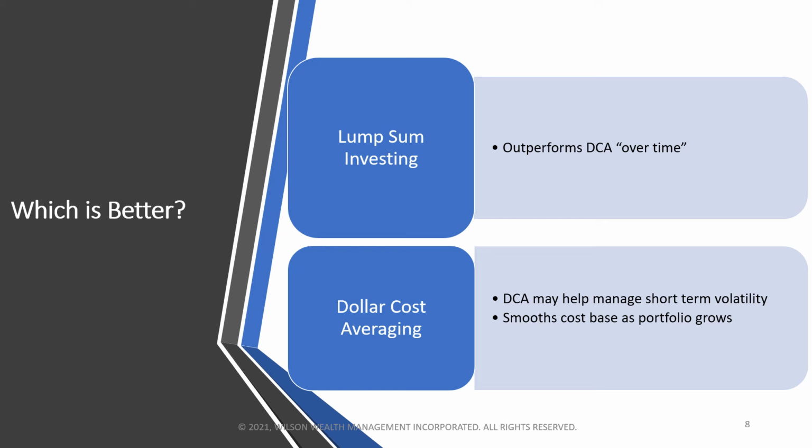But where dollar cost averaging can help is managing some short-term volatility when you're buying. So if we look and we buy on day one a lump sum $12,000 investment, and let's say the shares are trading at $12 a share, so I buy 1,000 shares. Great. Now I have to ride that up and down as the markets move.